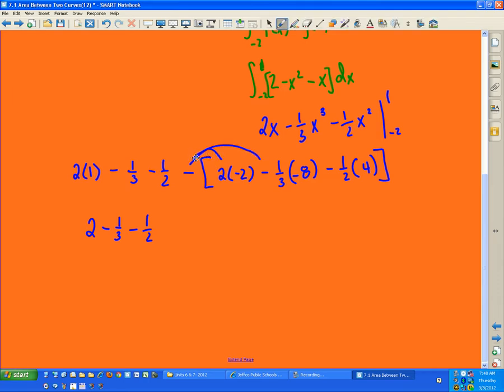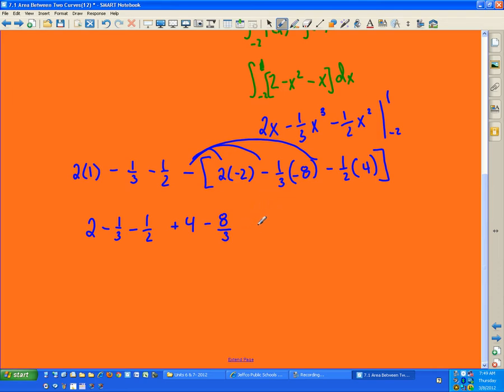So negative 4 becomes positive 4. This 8/3 becomes negative 8/3 because I end up with three negative signs. And the negative 2 becomes positive because I end up with two negative signs, so we end up with positive 2 for that one.